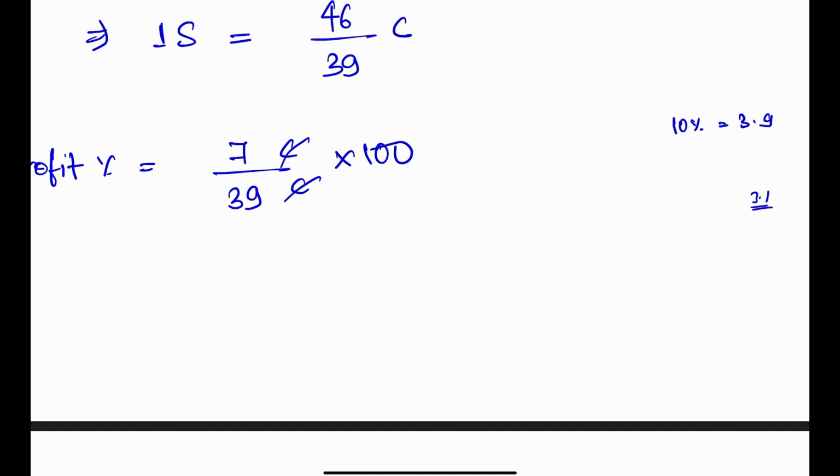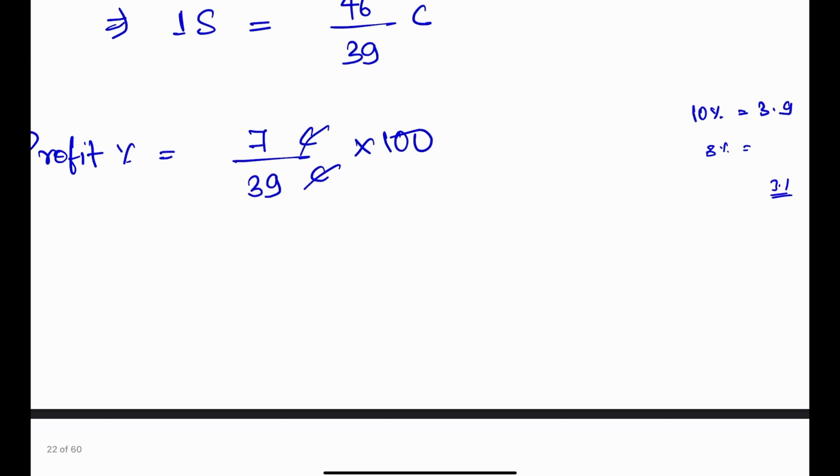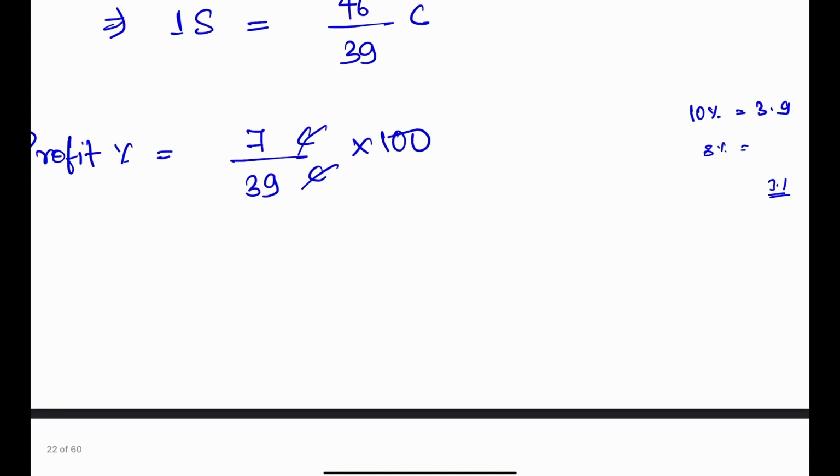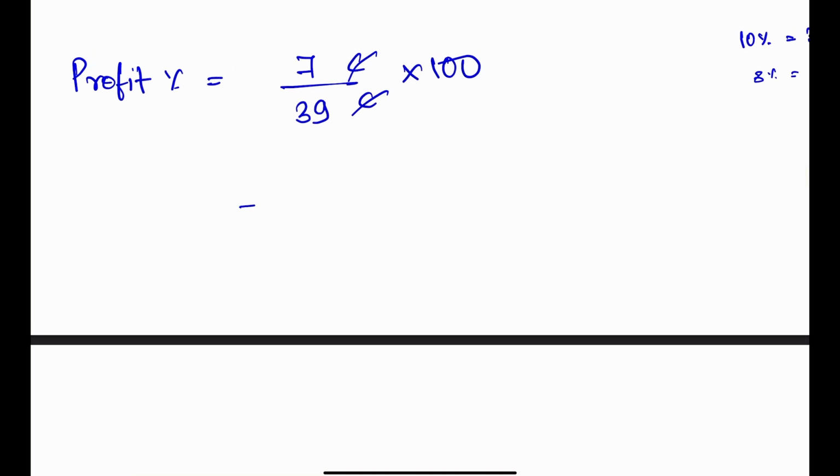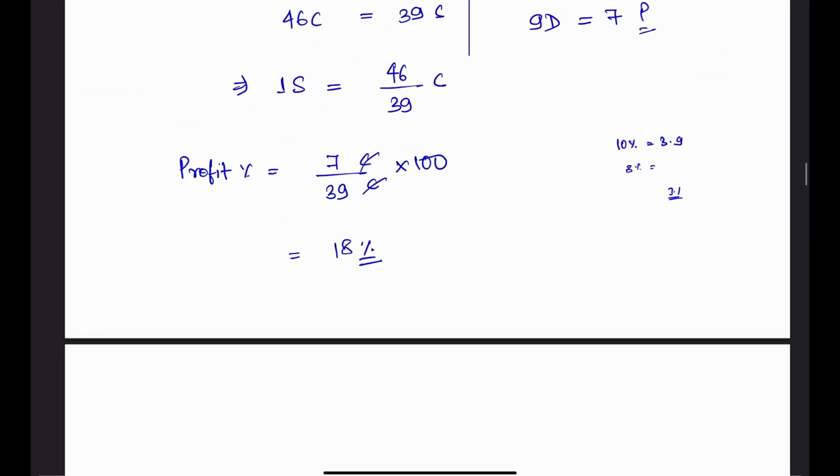And if I take 8%, why 2? Because 3.9, if I take it as 4 also, 4 into 8 is 32. So it will be 32 minus, yeah, something about 18 or 19%. 19% will be the nearest value. 19 or 18%. So my profit percentage I have got.